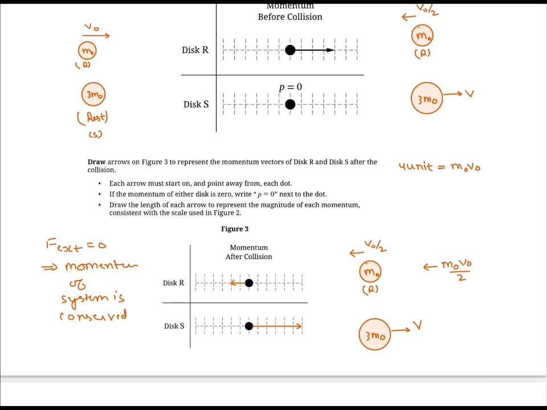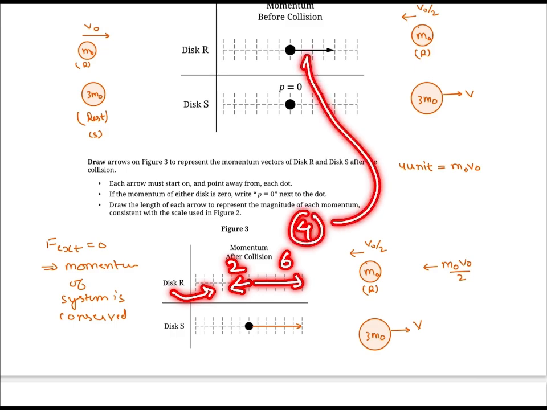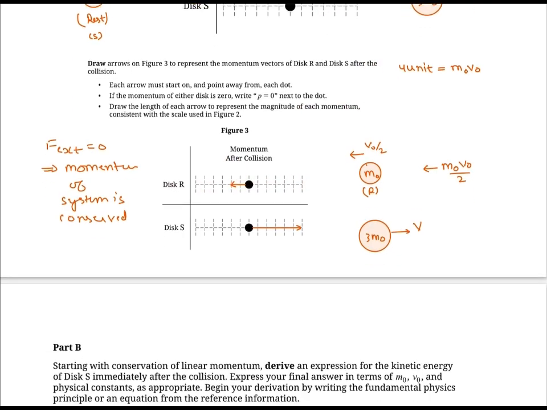I haven't solved for the velocity of this disk, but I can say that since initial momentum is 4 units towards the right, the final momentum of the system should also be 4 units towards the right. But we do have 2 units of momentum of R towards the left, so we should have 6 units of momentum of S towards the right. So 6 minus 2 should be equal to 4. This 4 and this 4, so momentum is conserved.